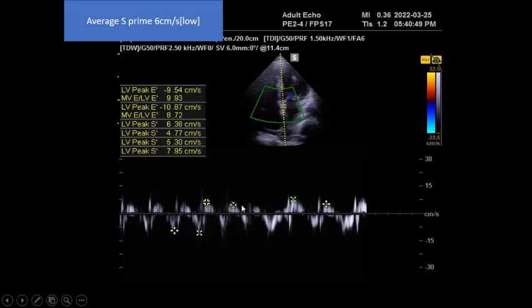The average of this S prime, because it's variable because of AF, was 6 centimeters per second, which is low. So our patient has longitudinal function abnormality of the left ventricle despite this ejection fraction. And this may happen early in strain of the subendocardial fibers.